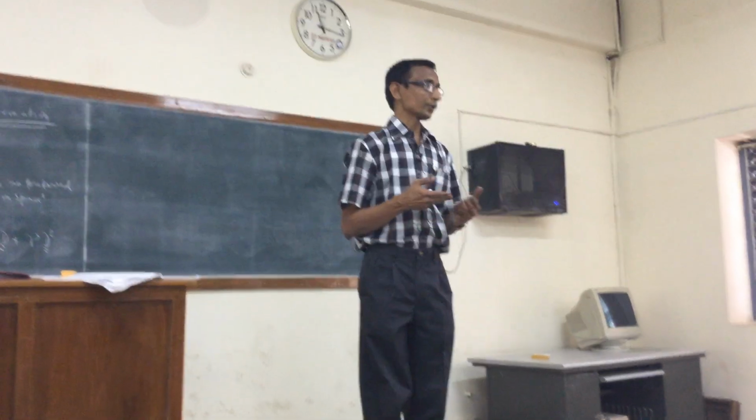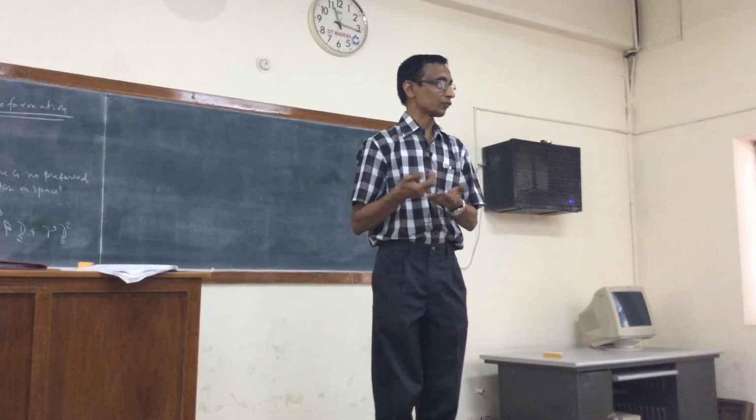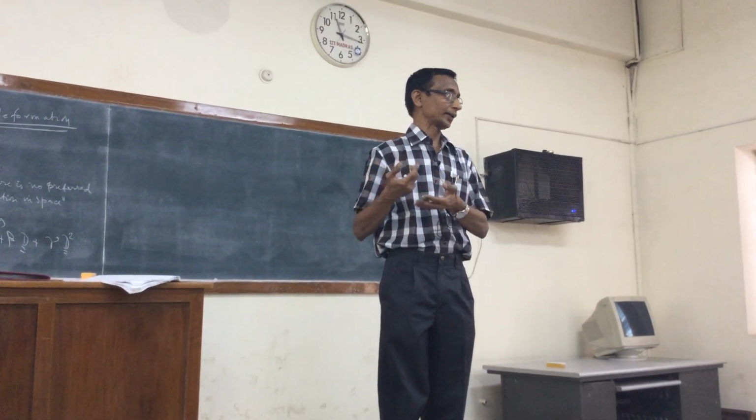For all practical purposes, you know how to multiply a matrix by itself. So D squared simply means D multiplied by itself.